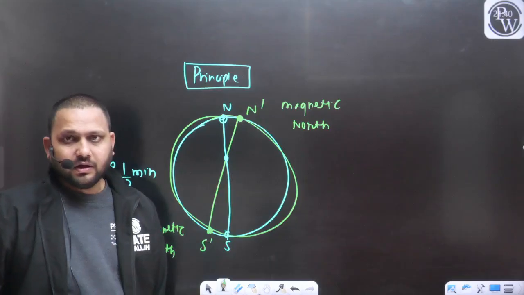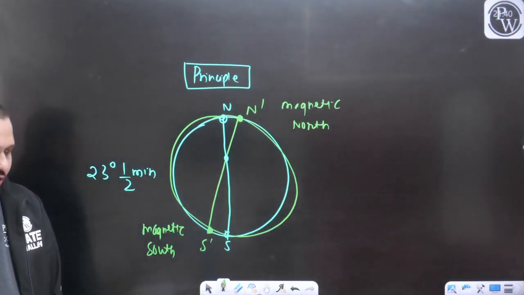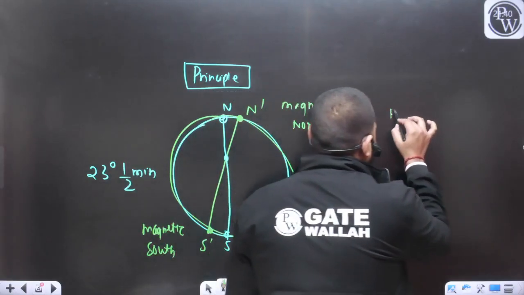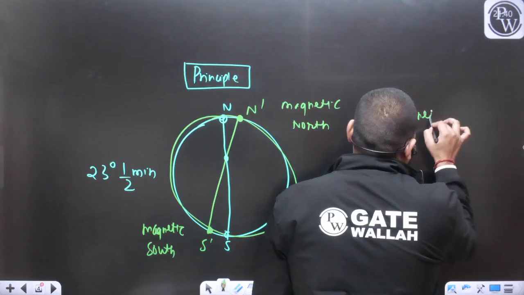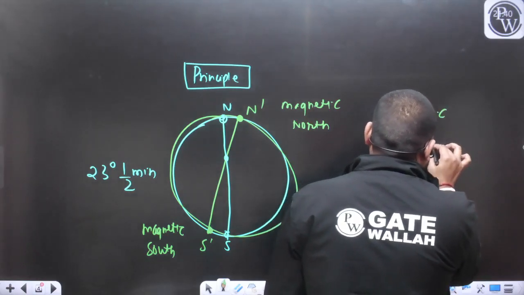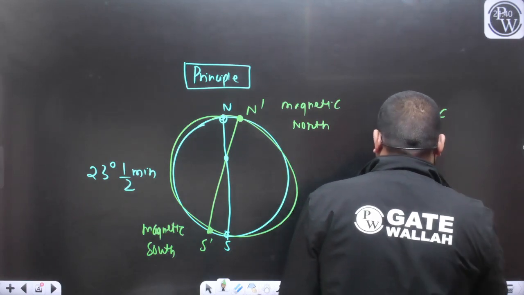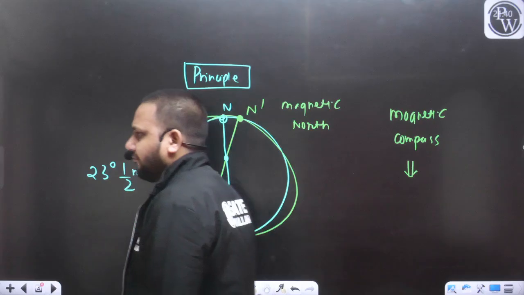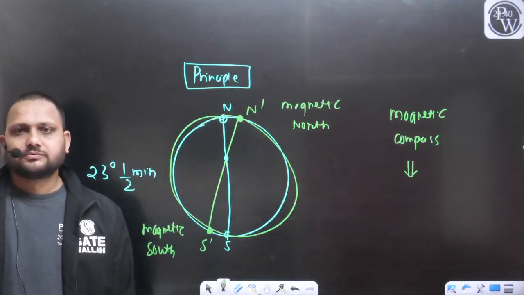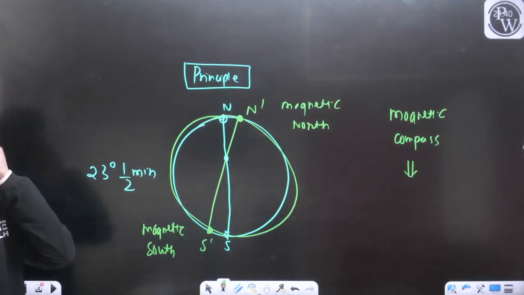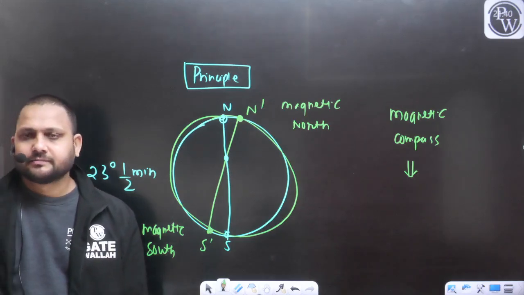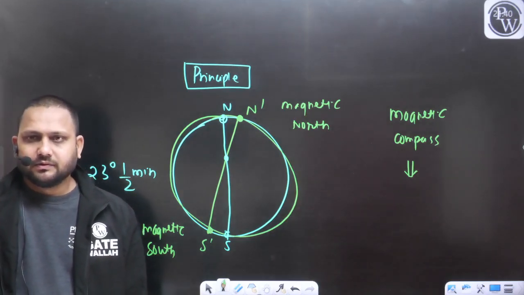So I hope you all are aware: if we are using the magnetic needle or magnetic compass, which north and which south can we locate with its help?